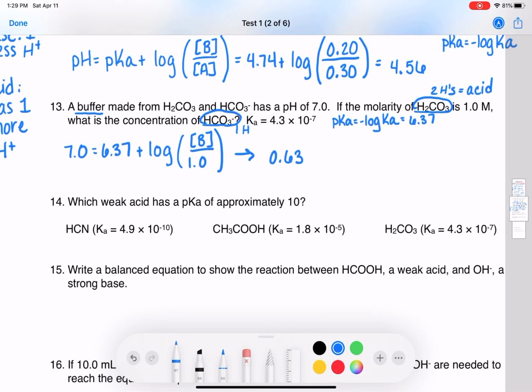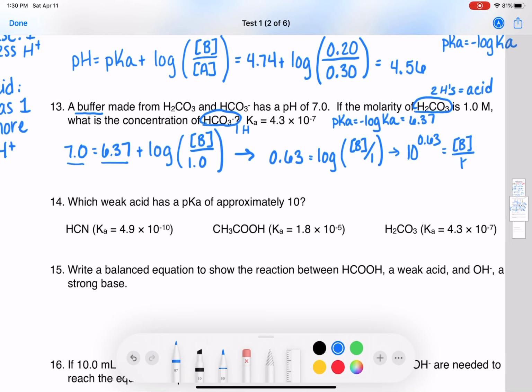So first I just subtracted 6.37 from both sides. 0.63 is equal to the log of the concentration of the base divided by 1. We're going to take the antilog, so 10 to the 0.63 is equal to the concentration of the base divided by 1.